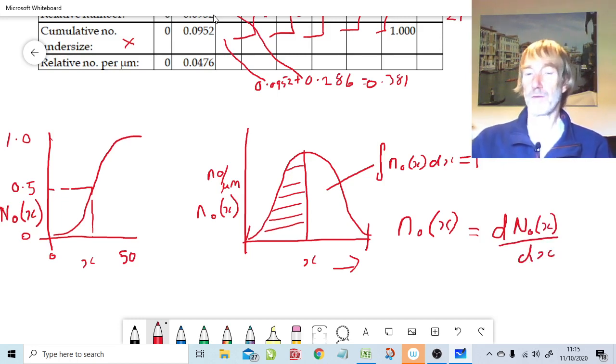So if we know a function for the cumulative curve, the S-shaped curve that just goes up and up and up, then we can differentiate it with respect to particle diameter. We're using the term x to represent particle diameter, and that gives us the equation for this differential curve, the relative number per micron range. Why is that useful?